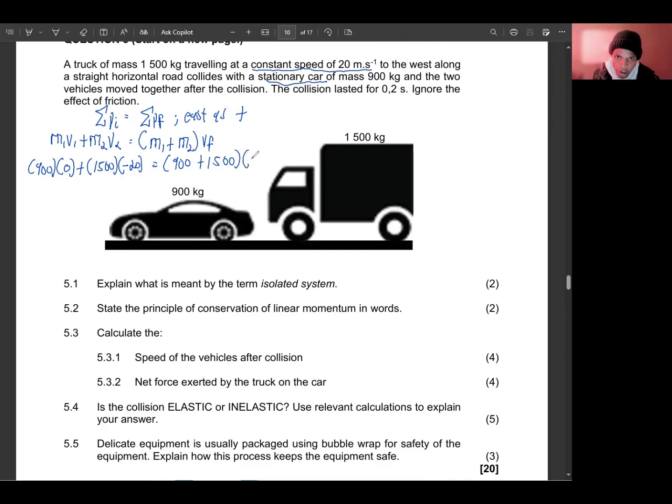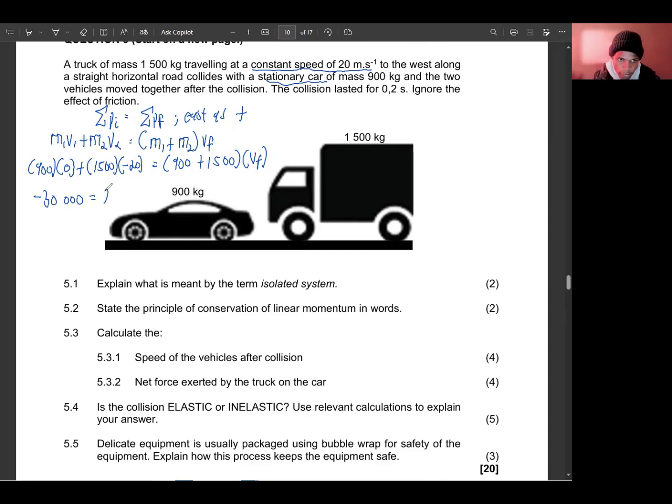And then here we have VF, right? Which is what we are looking for. Now, obviously, we have to calculate. So we are going to say this is 1,500 multiplied by negative 20, which is negative 30,000, right? And then when we add these ones together, we have 900 plus 1,500.